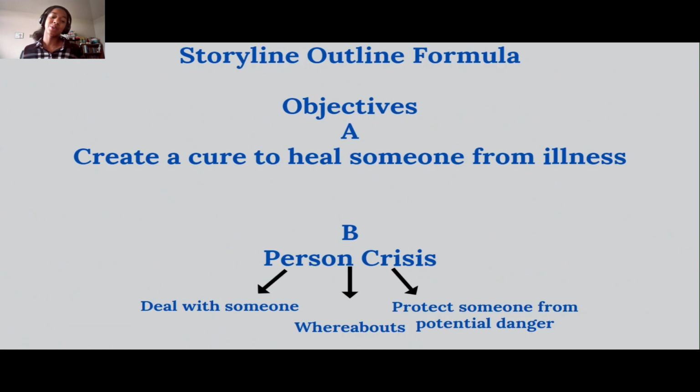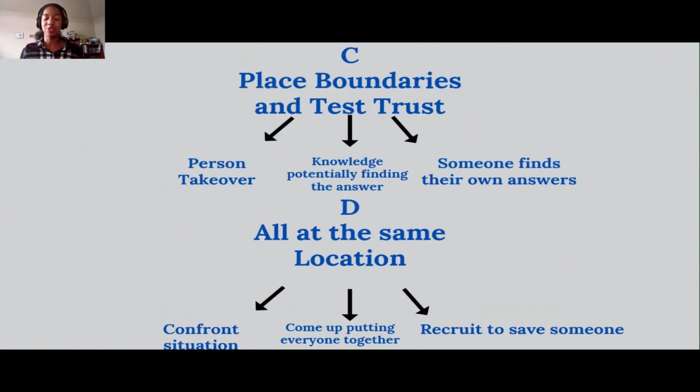And three smaller tasks or points that I want to cover in this section are deal with someone, their whereabouts, and protect someone from potential danger. C, place boundaries and test trust.